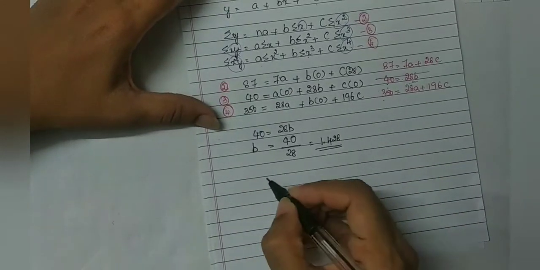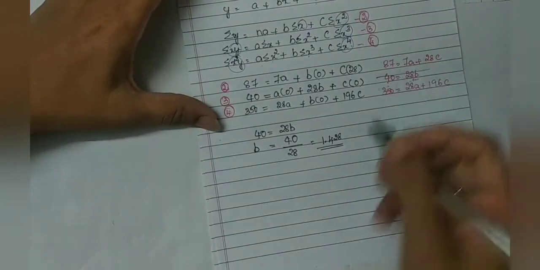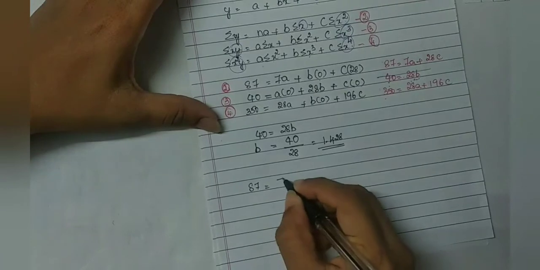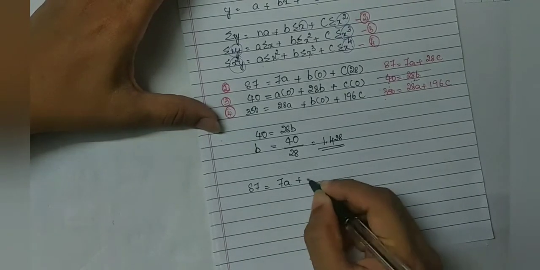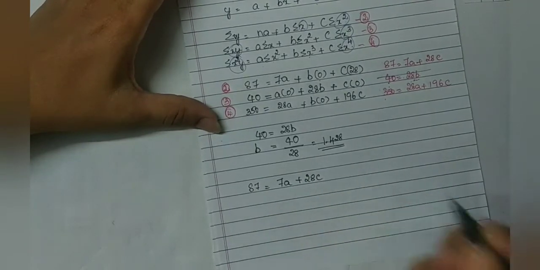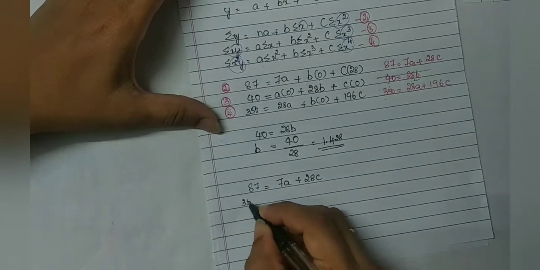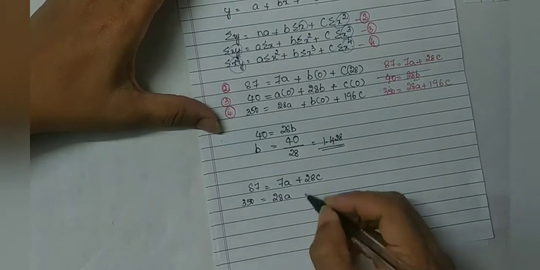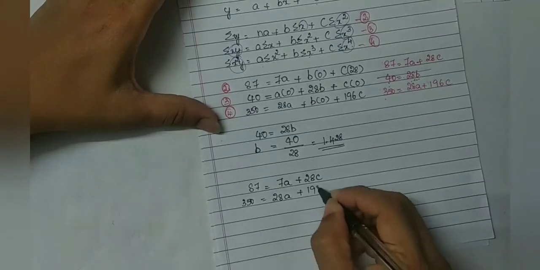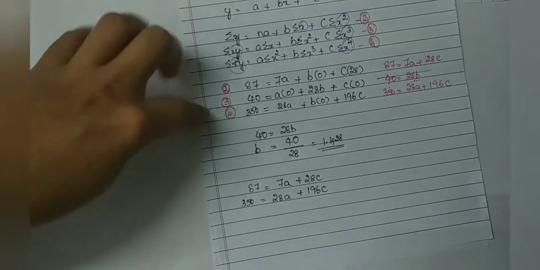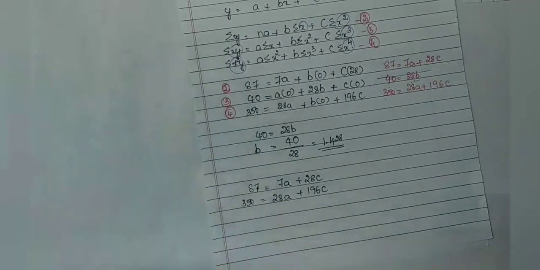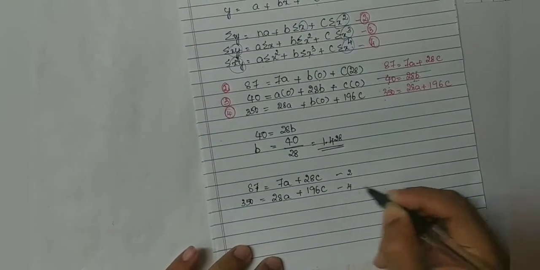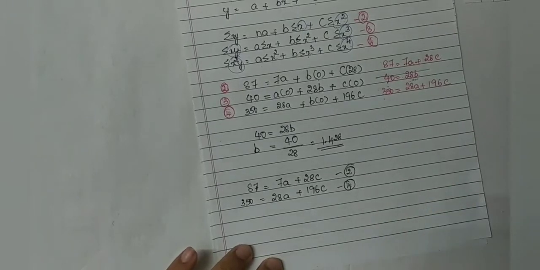So now write down both the equations. 87 is equal to 7a plus 28c, and 350 is equal to 28a plus 196c, isn't it? So once after writing this, this is the second and this is the fourth one.